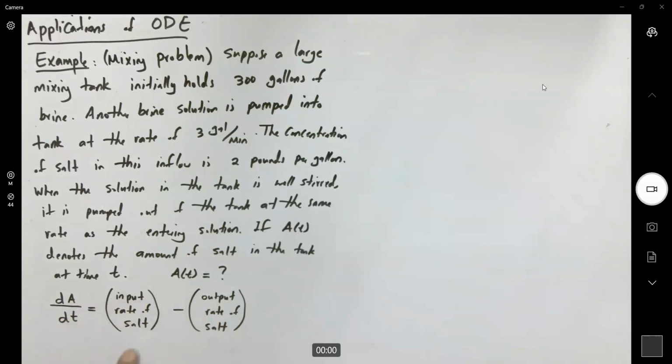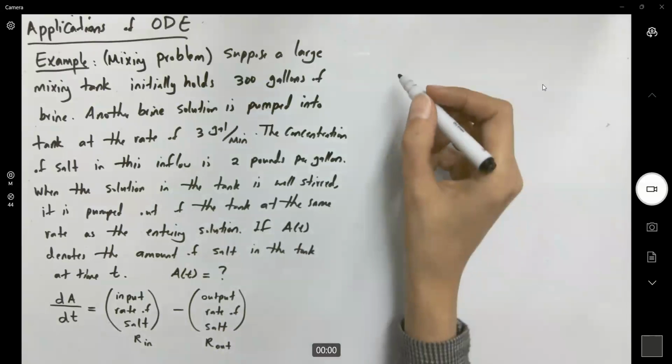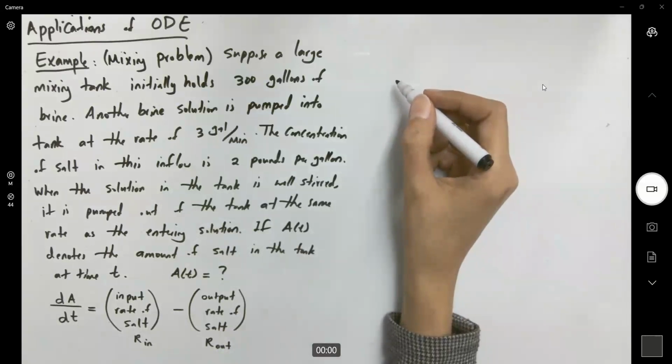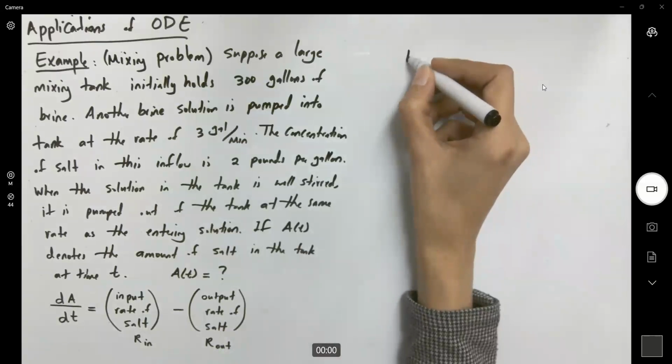But how do we formulate the input rate of salt? Let us call input rate of salt R sub in and the output rate of salt R sub out. To define the input rate of salt and the output rate of salt, we have the concentration of salt. Take a look at this.